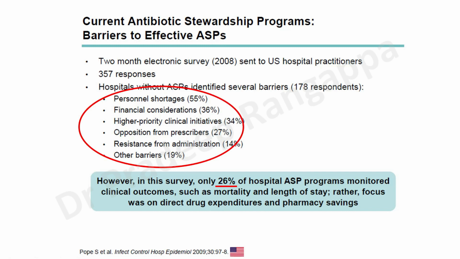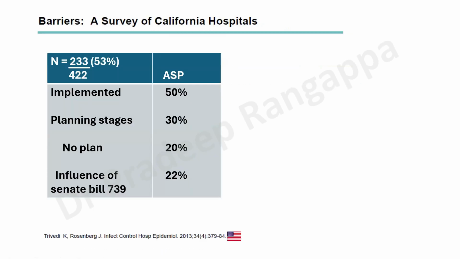And this was another study where they showed only 53% of the clinicians responded to this antibiotic stewardship survey, and they showed that the stewardship program was implemented only in 50%, and 30% were in planning stages. 20% of them had no plan, and this had an enormous bearing on influencing the Senate bill to be passed to incorporate antibiotic stewardship programs as an important aspect in the US.